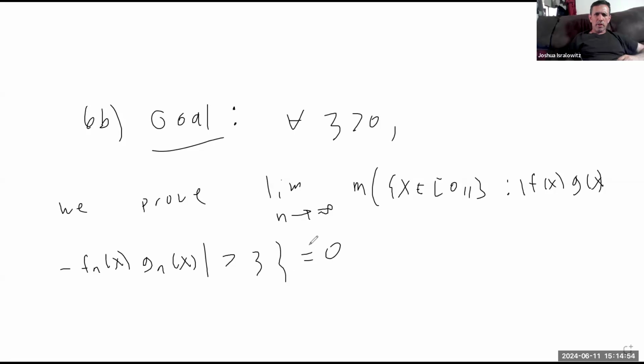Right. So we need to show that this is equal to 0. All right. So let's say epsilon is bigger than 0.